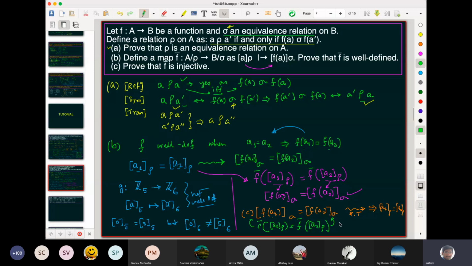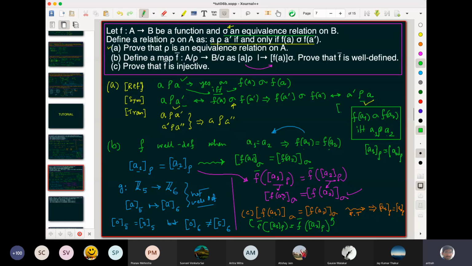Now what will you say? The next thing. See, now the fact is I have a relation that f A1 sigma f A2 if and only if A1 rho A2. This is given to me. Agreed? So if these two are related, therefore the class that A1 belongs to is also related to the class A2 belongs to.